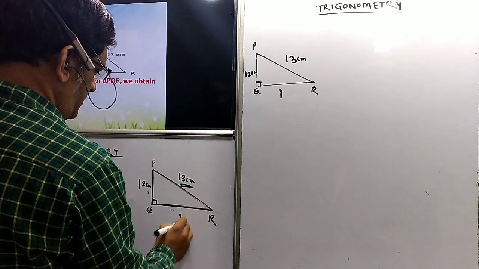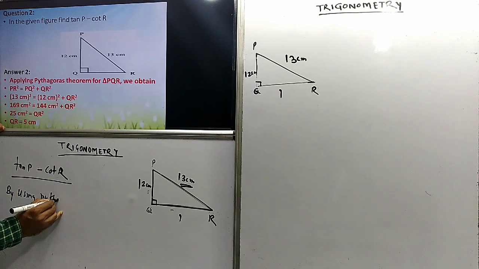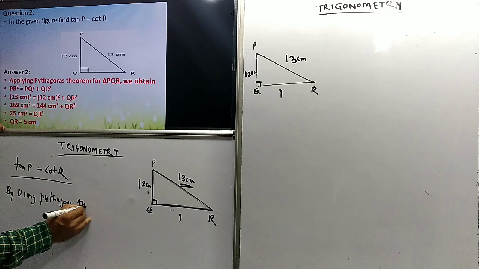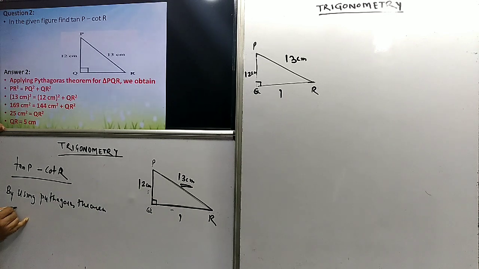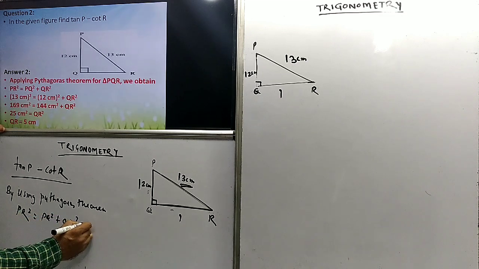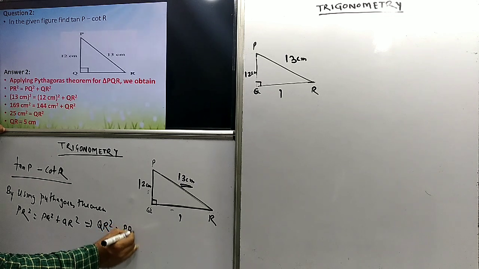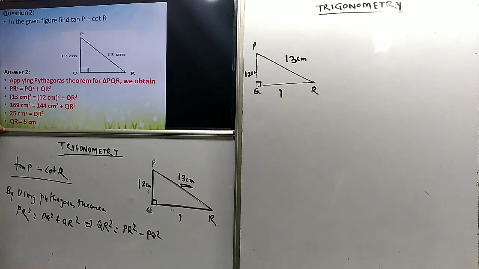Now first of all we want to find QR. By applying the Pythagoras theorem, PR square is equal to PQ square plus QR square. But we want to find QR square, so QR square is equal to hypotenuse PR square minus PQ square.